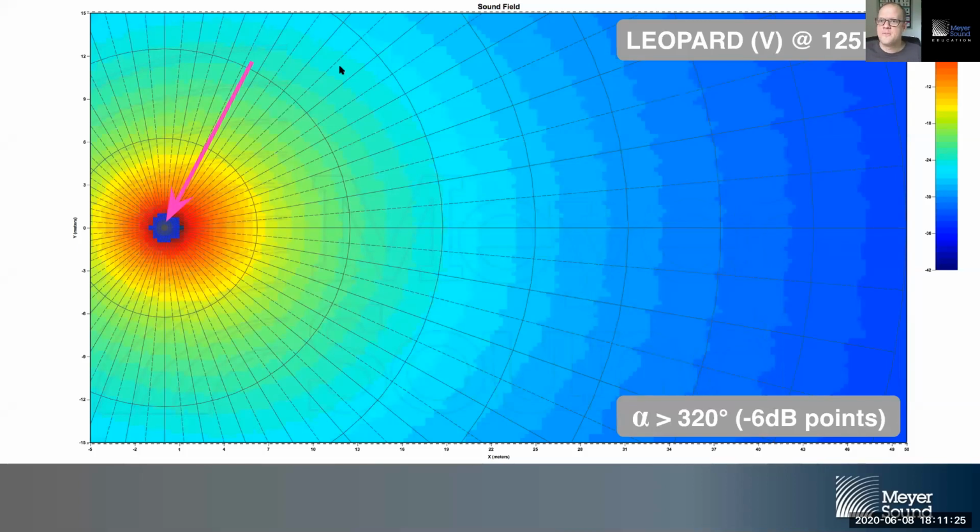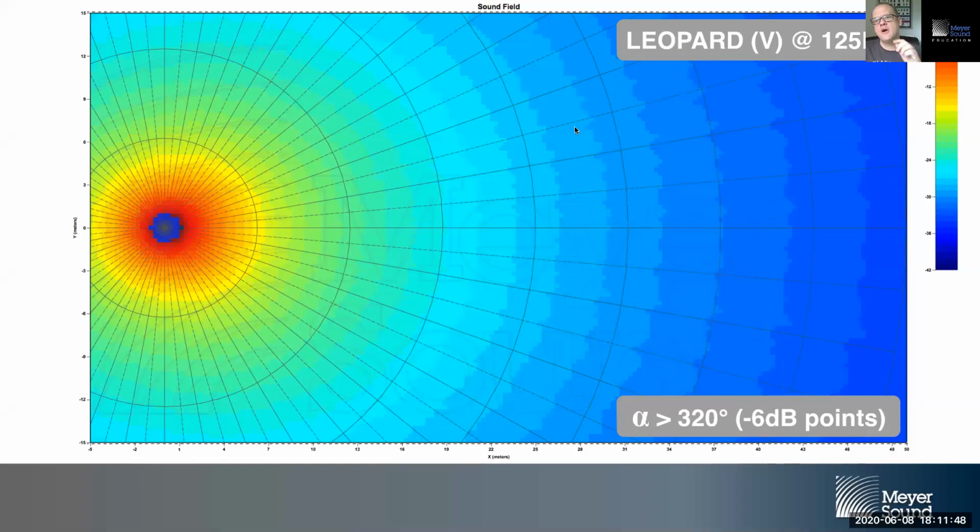So the Leopard is virtually omnidirectional at those frequencies, which typically goes for any loudspeaker by the time you get that low, including a loudspeaker as large as Leo. Once you go low enough, all loudspeakers tend to become omnidirectional because the wavelengths that they're reproducing are orders of magnitude larger than their own physical dimensions.